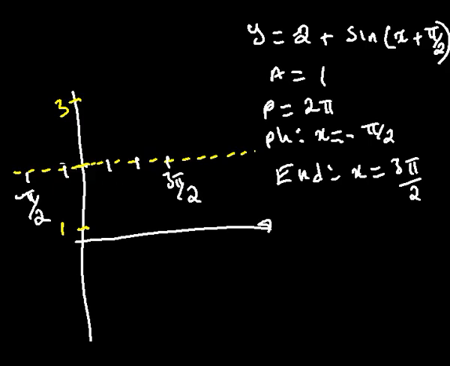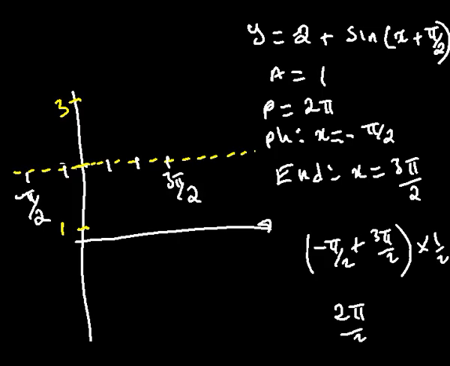And how should you get it? Negative pi over 2 plus 3 pi over 2, times half. We have it as 2 pi over 2 and then times half. That gives pi over 2 as the midpoint. So this is pi over 2.